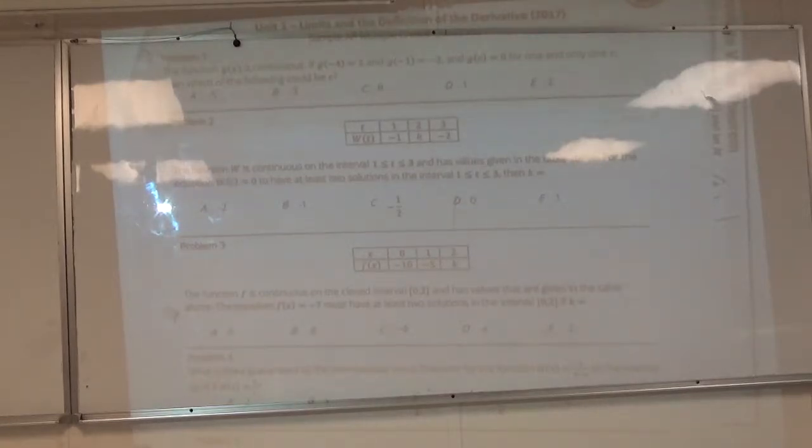Positive points. Now you've got to figure out what k is. I don't know what k is, but I know that the x coordinate is 0. Negative 1 and negative 2.